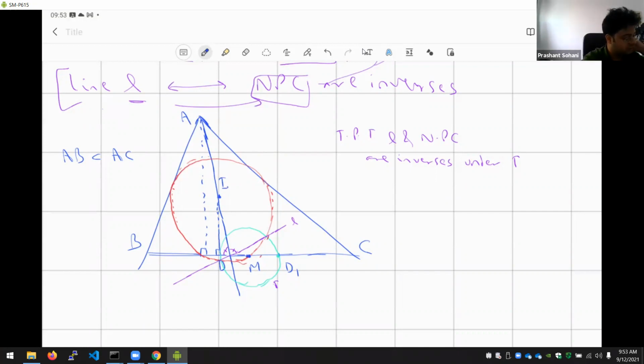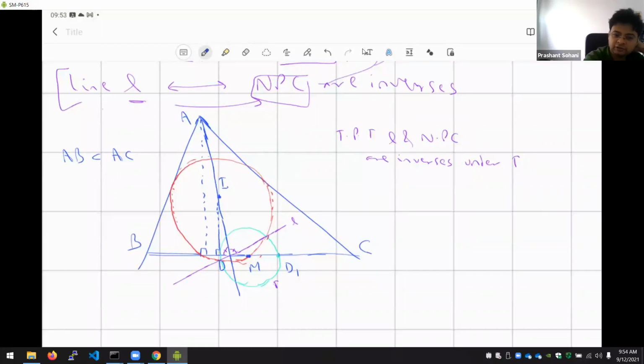Firstly, the circle is passing through the center of inversion already, right? The red circle is passing through M. So we already know that the inverse of that red circle will be a line. There is no question about that. So then we just need to characterize that line uniquely.